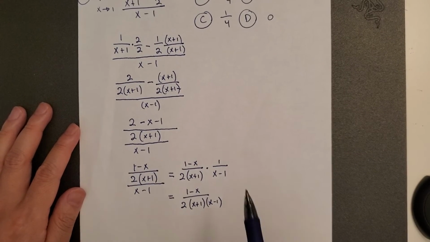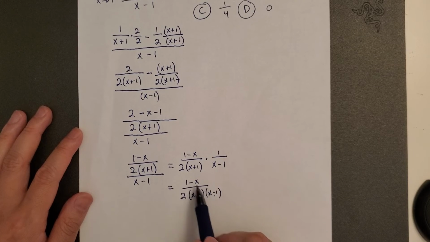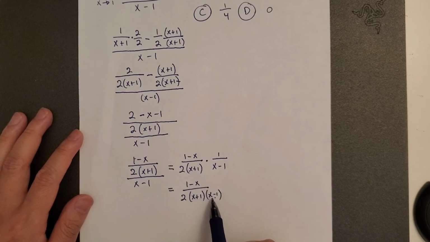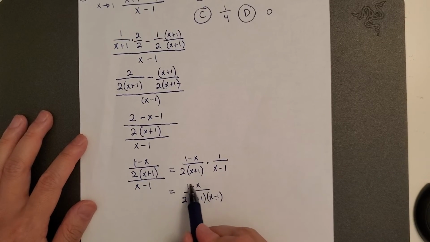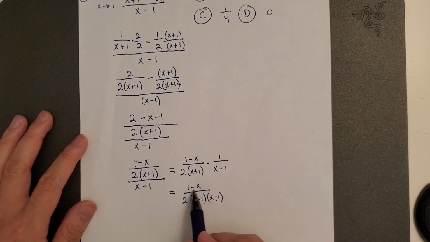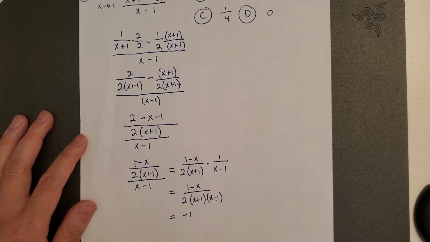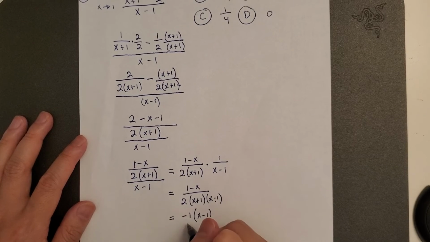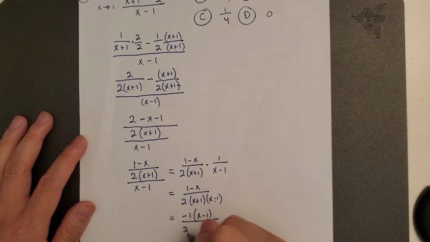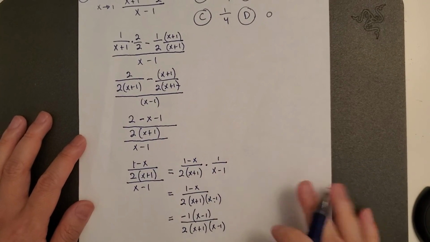We almost have our cancellation. It looks kind of similar, but not really. And you can find a similar term if you factor out a negative on the numerator. So we're going to factor out a negative 1, so this becomes x minus 1. And then we have 2 times x plus 1, and then x minus 1 again.